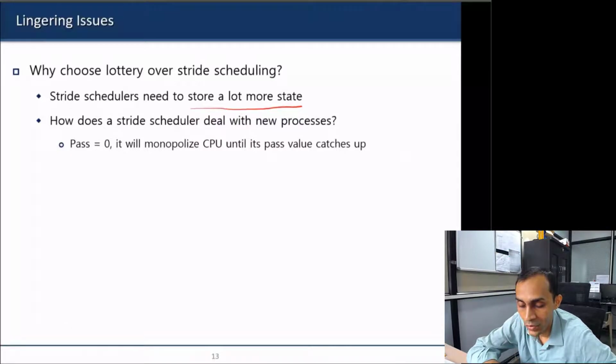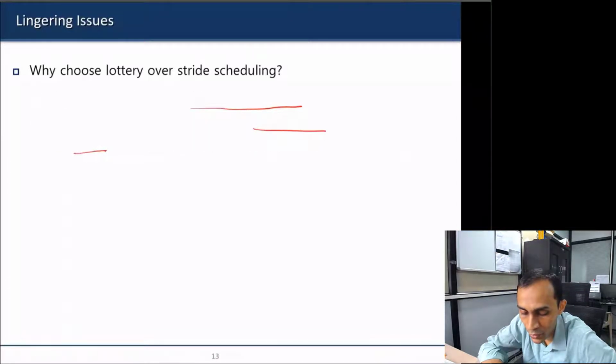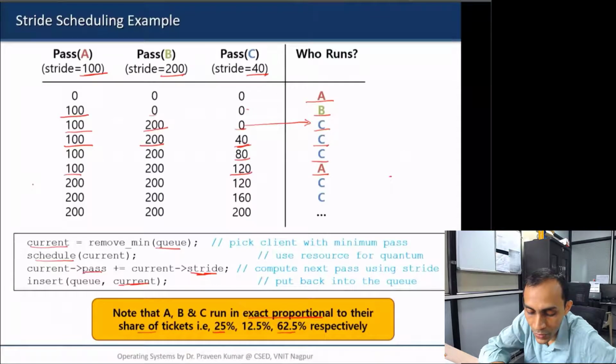And also there are issues that may happen in the stride scheduler. For example, let us say a new process comes, then its pass value will be 0. So in the previous example, let us say at this point of time a new process D came. Its pass value will be 0. So for the next 3 or 4 times, probably D is going to be scheduled always till its pass value catches up to one of these lower values.